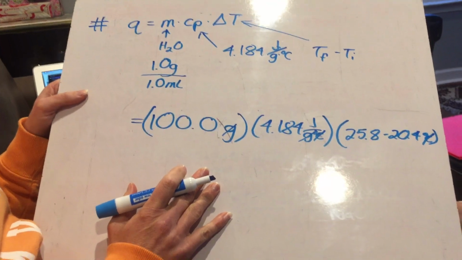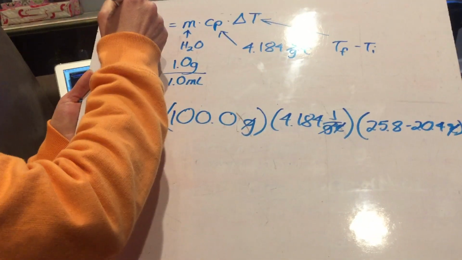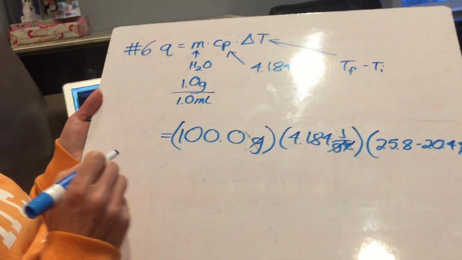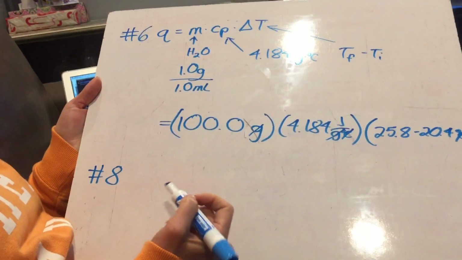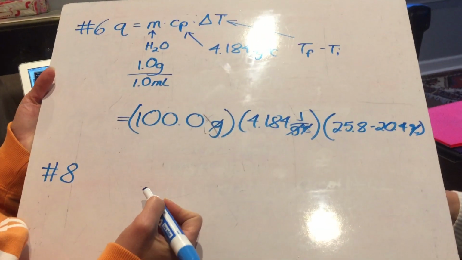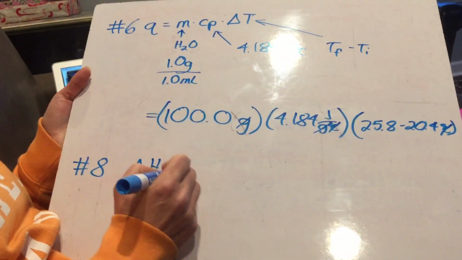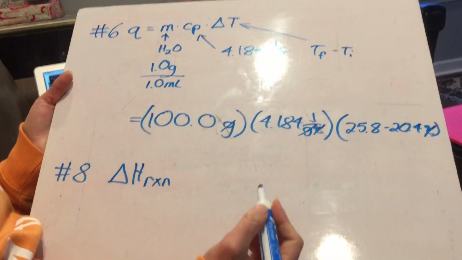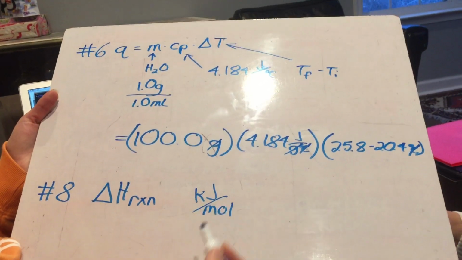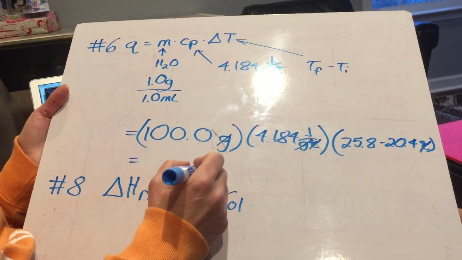Okay, and this problem, which is number 6, leads us right into problem number 8, because you will have figured out how much sodium hydroxide you used. And number 8 is asking you to calculate the delta H of the reaction. Now remember, the delta H of reaction is always expressed in kilojoules or joules per mole. But our Q is going to give us a result in joules.